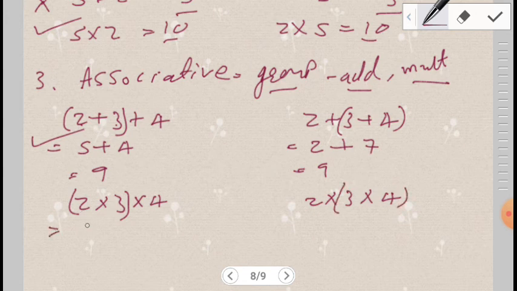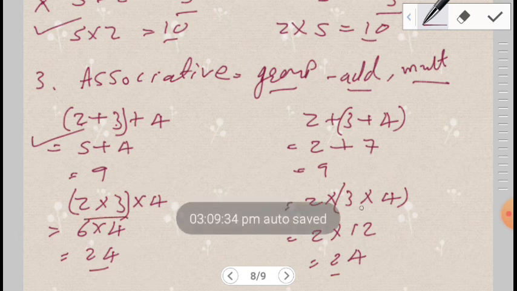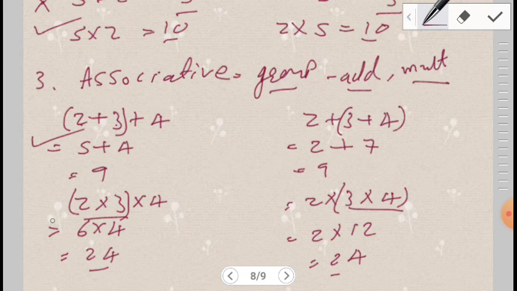So 3 times 2 is 6, times 4 is 24, and here 2 times 12 is 24. Thus both answers are the same by changing the association. That means both have the same answer. That means we can say that it is associative for multiplication also.